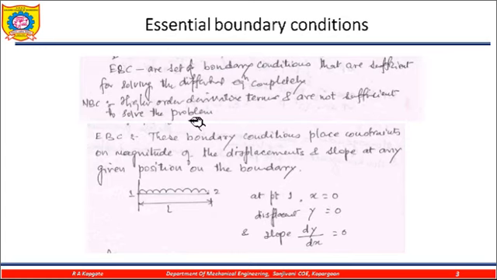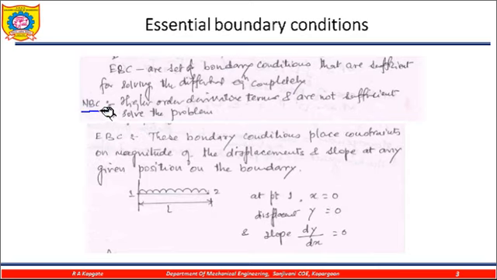It means that whenever we are applying the boundary conditions, we need to find out first of all whether these boundary conditions are sufficient to solve the differential equation of the problem. If those conditions could not solve the differential equation of the problem, then we consider that one as the natural boundary condition.